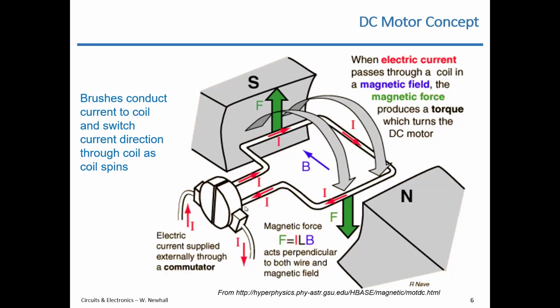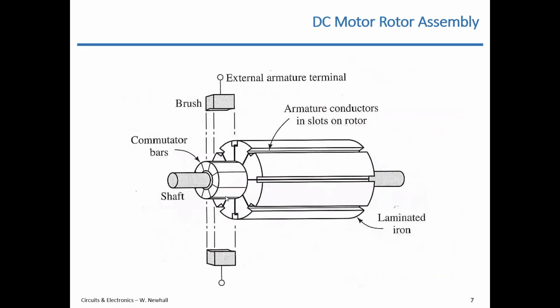So practically you don't generally have two sections of commutator, you have more. And so a more realistic view would be something like this. So here are the commutator bars, okay, and here are the brushes that would be maybe spring loaded up against that commutator bar, or the commutator touching one or two of the bars, each brush.